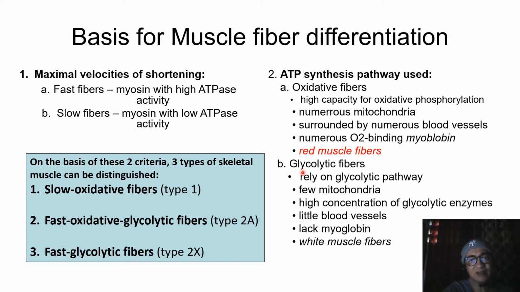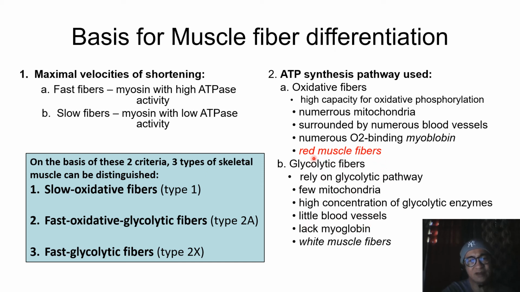Among the glycolytic fibers, these are fibers that rely mainly on the glycolytic pathway, or glycolysis. You have few mitochondria in these kinds of muscle cells, but a very high concentration of glycolytic enzymes. There are very few blood vessels around the glycolytic fibers because they don't need them, and there is a lack of myoglobin.